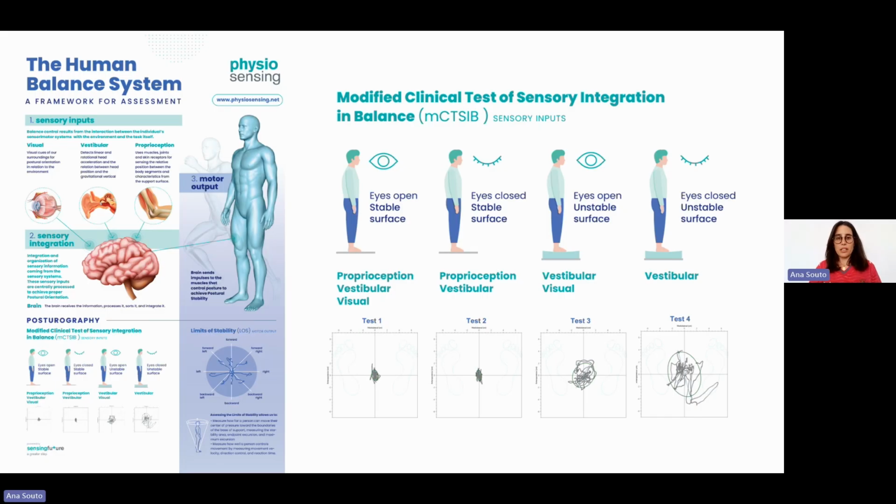We are trying to understand how the patient uses the information and how well the patient can adapt when we change and manipulate the environment in terms of availability and quality of the sensory information that the patient has available. So we have 4 test conditions for this test.